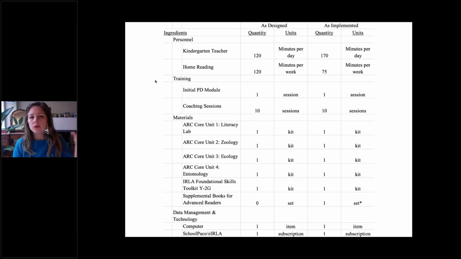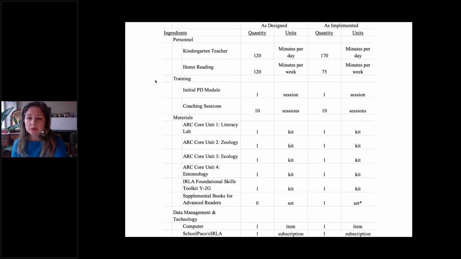But we know that the model really hinges on a couple of inputs: the teaching time in the classroom, increasing and expanding that amount of time from what was a standard literacy block, and the volume of reading, carrying that culture of literacy into the home with home reading. So we knew that we would need to focus on those two aspects in our data collection efforts.